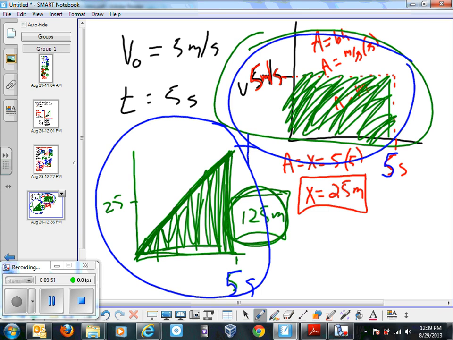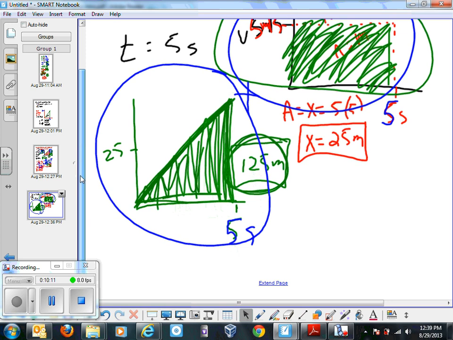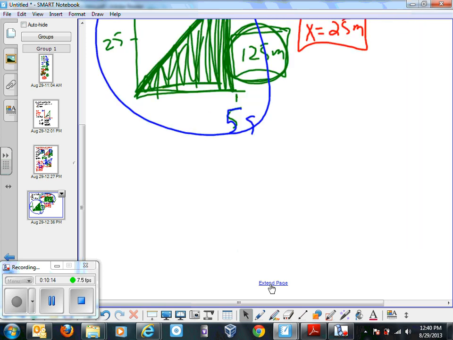Now, if we had a negative displacement or a negative velocity, we would be subtracting the two numbers instead of adding them. But then you would find that these areas are in the negative y, positive x quadrant, and it should be easy to tell that you need to subtract them. So let's see how this works here. Let's make sure that our little formula works.